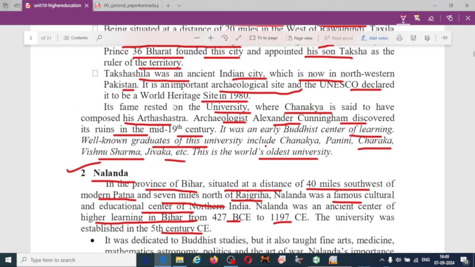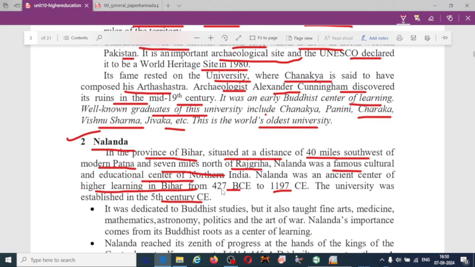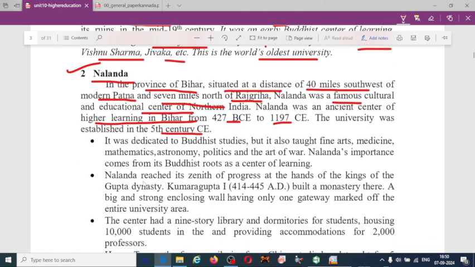So the first university is Takshashila. Next comes Nalanda, which is in Bihar, located 40 miles southwest of Patna, and it is the famous cultural educational center in North India. So it was established in the 15th century.